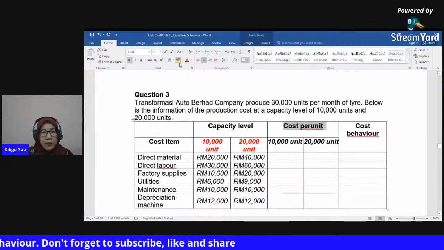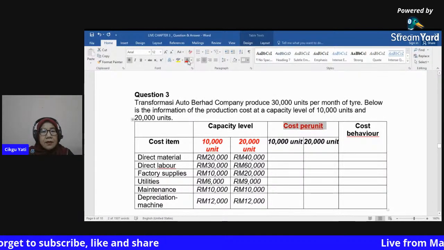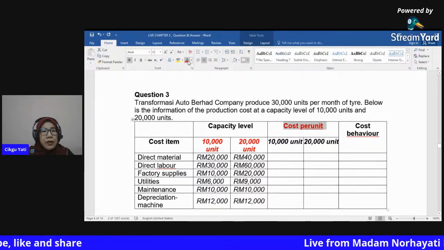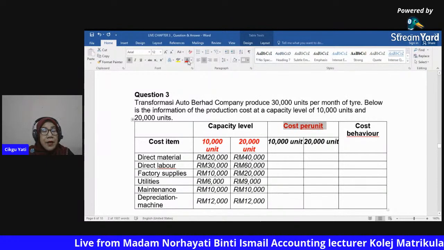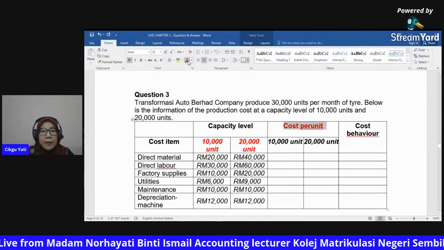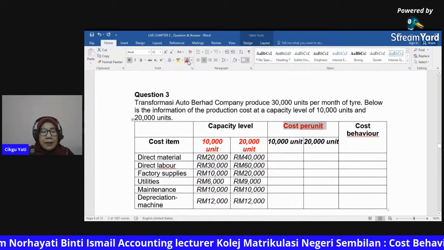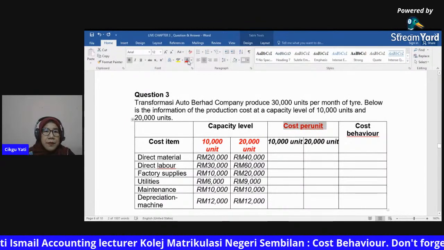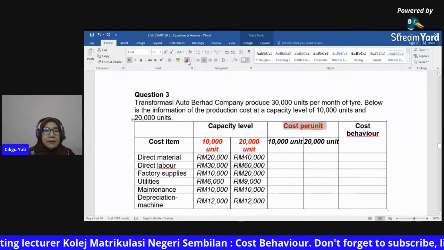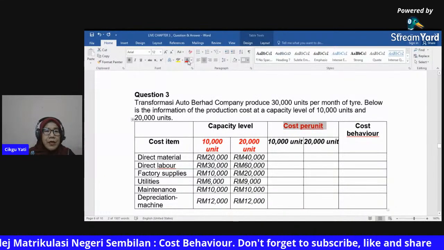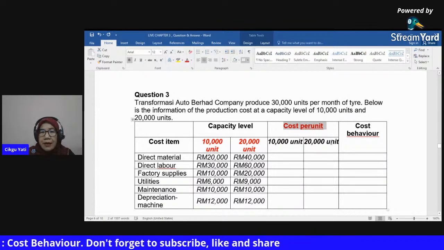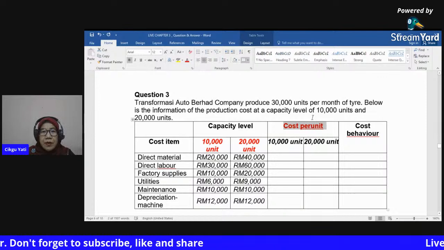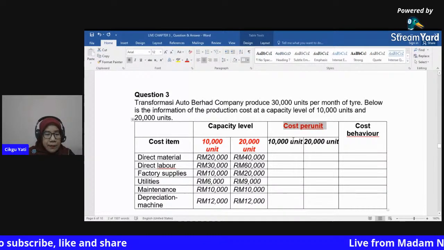Because from cost per unit, you can classify the item as either variable cost, fixed cost, or mixed cost. As you know, variable cost per unit remains constant, and fixed cost per unit will reduce. You can classify the cost behavior based on cost per unit.